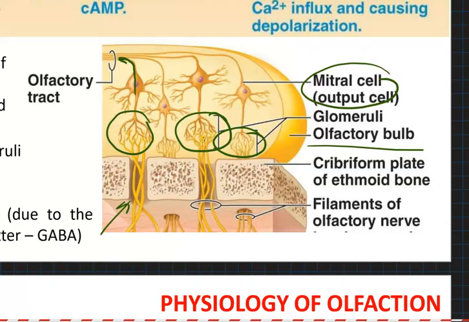It's going to be cacophony, because imagine this mitral cell will carry a bunch of signals. All cells that converge on a single mitral cell carry the same receptor. So this mitral cell will be, I don't know, vanilla. This will be cinnamon.